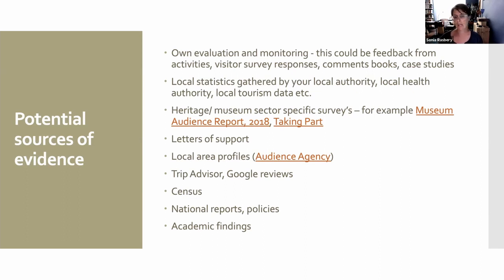And that feeds into national reports and policies with academic findings as well. There might be a specific piece of research that's been carried out that isn't from a museum or the heritage sector, but still backs up what you want to be looking at.